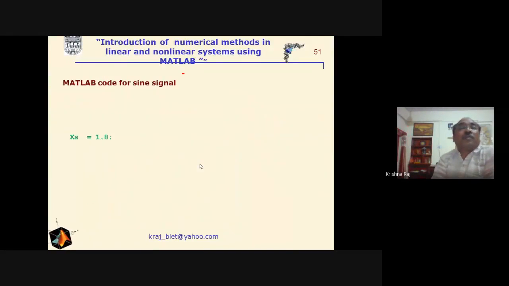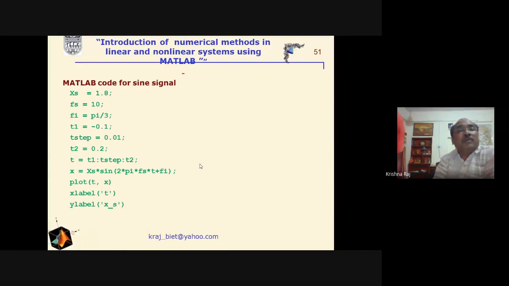Now, we can use MATLAB code for the sine signal. See here, we have described the equation. Now see the values of the amplitude, frequency fs, phi, the initial time, the step of the time, and the final time.